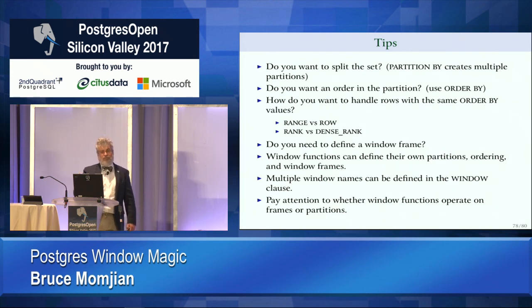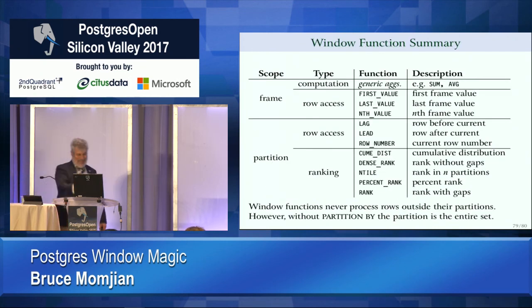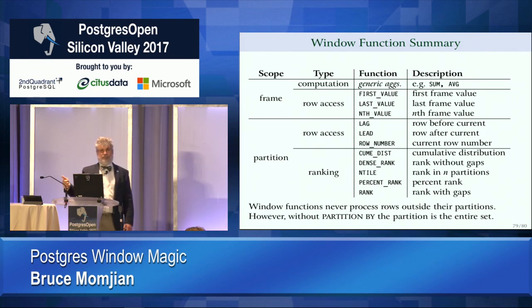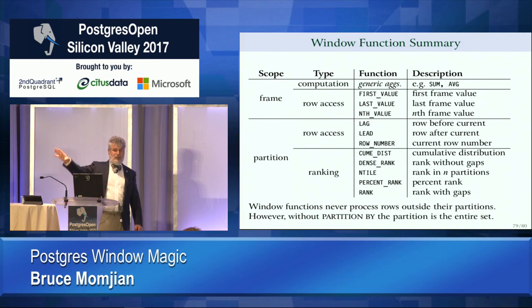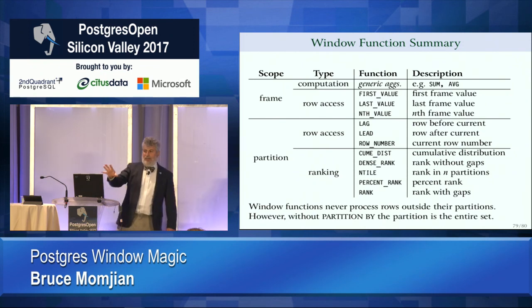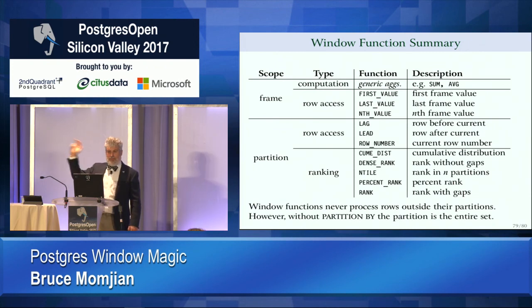Pay attention to whether the functions operate on frames or partitions. Specifically, this slide you will want to probably look at later. It categorizes the two types of functions as either operating on frames or operating on partitions. Within those sections, we have computational window functions, which are effectively generic aggregates like these. We have frame functions, which operate on first value, last value, nth value.